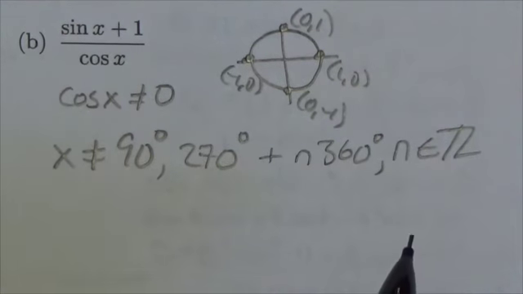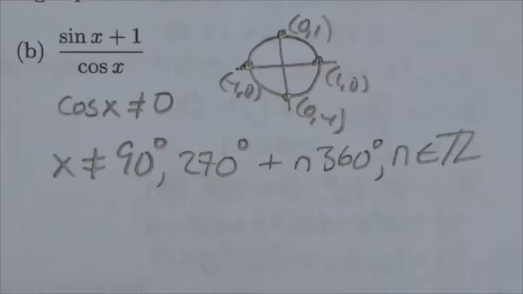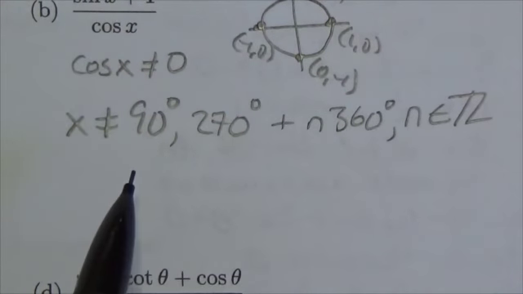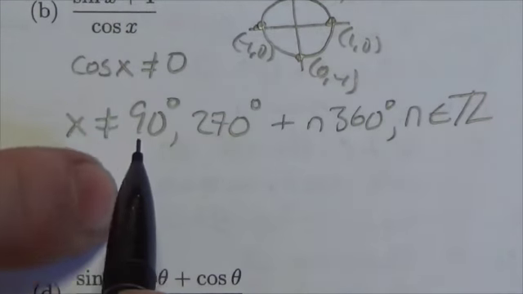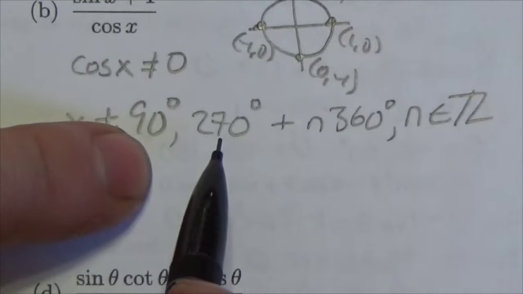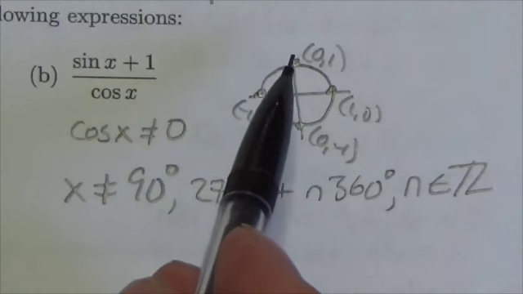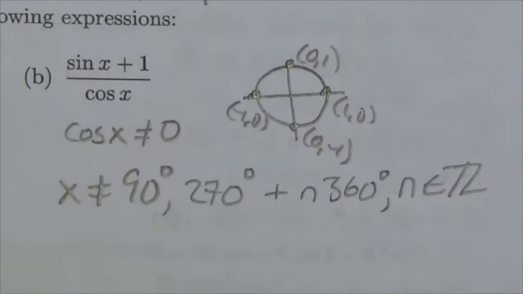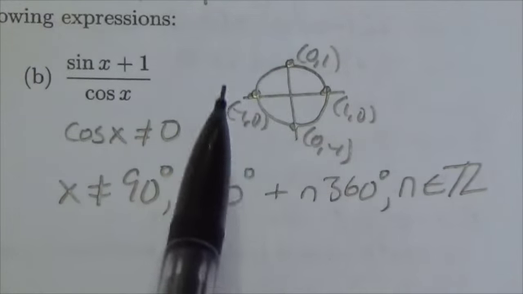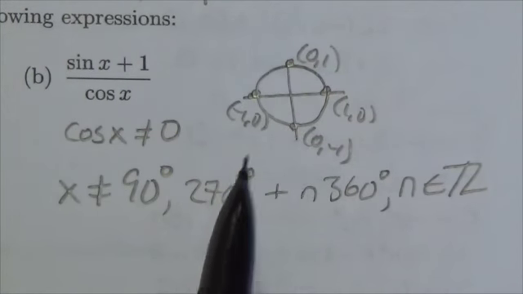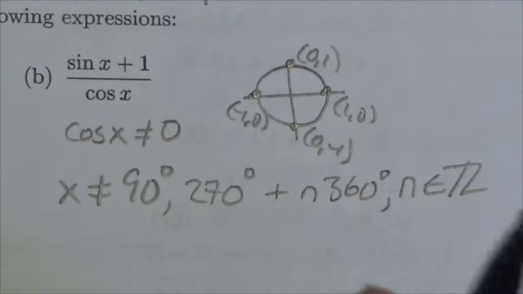Now, some of your instructors might insist that you take this a little further. Because our restrictions here are 90 and 270, there's actually a more efficient way to write this. Notice that 90 and 270 differ by 180 degrees, and that's a repetitive pattern. Every time I go 180 degrees, I'm going to be bouncing back and forth between those two.